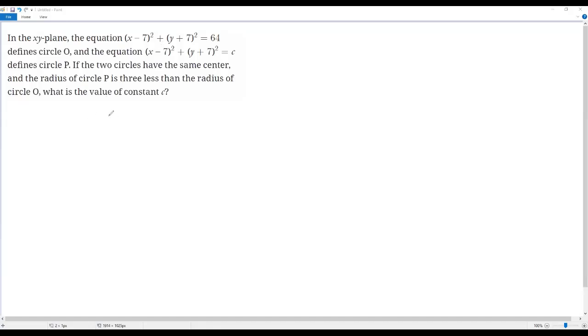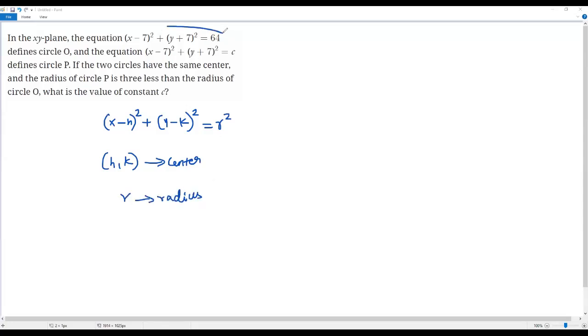Okay, first let's consider the equation of a circle in standard form, that is (x − h)² + (y − k)² = r². Here (h, k) is the center of the circle and r is the radius. So here the center of the first circle O: in the place of h we have 7.